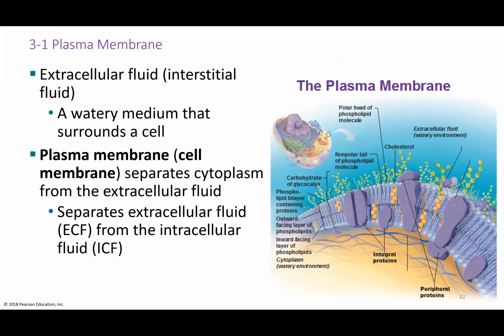The plasma membrane itself, or the cell membrane, separates the cytoplasm inside the cell from the extracellular fluid outside. So extracellular outside, and then cytoplasm on the inside. So this plasma membrane creates a separate environment on the inside of the cell compared to the outside of the cell.